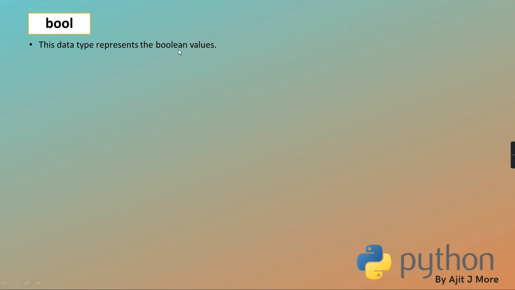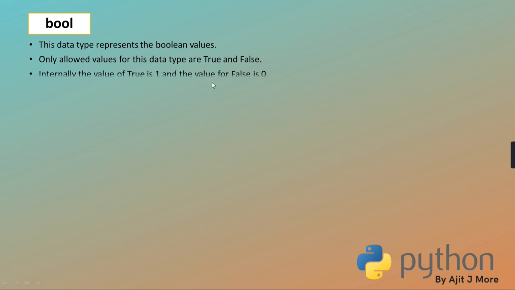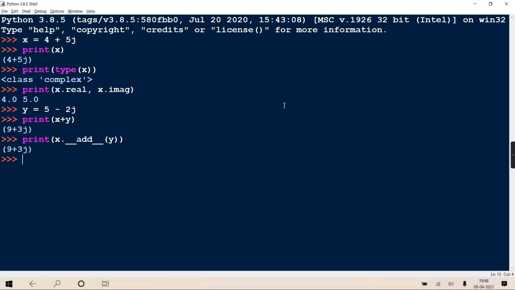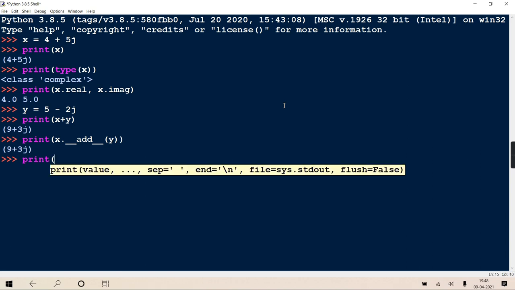Boolean values are only two, True and False. So the only allowed values for this data type are literal True and literal False. Internally, the value of True is 1 and the value of False is 0. And that's the reason Python allows you to do operations like this also.